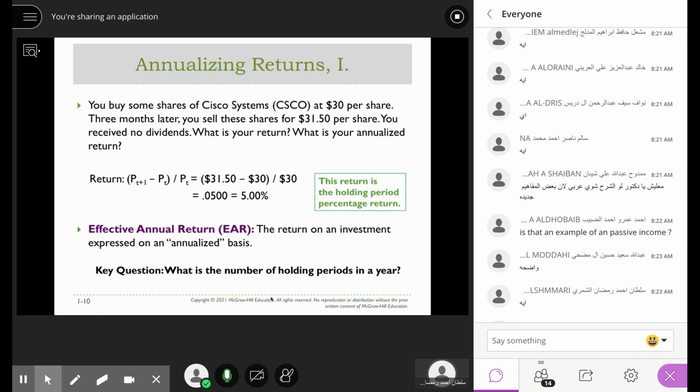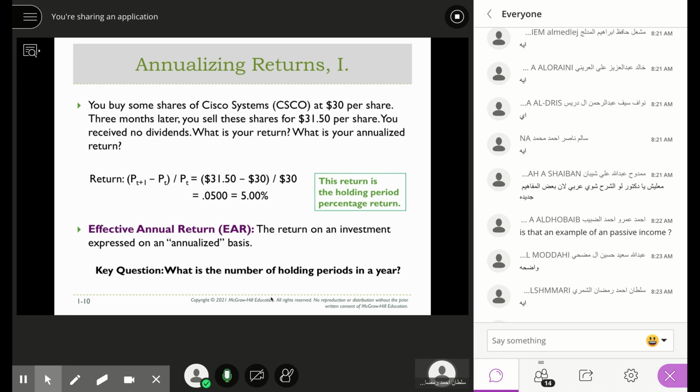So the other thing that I wanted to mention is, now we need to find a way to standardize the way that we present or express return. Let's say that you did sit down with a friend of yours, and he did say, "Well, I have a good investment opportunity for you.